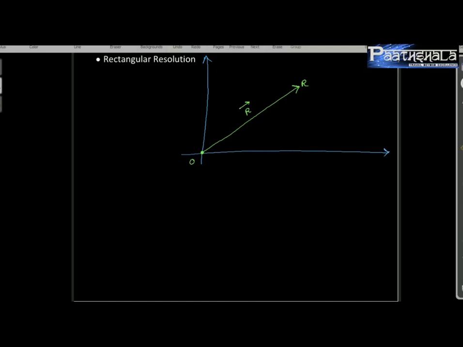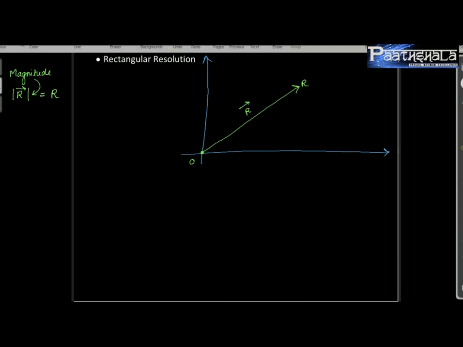I must tell you here first about the magnitude of a vector quantity being represented by this symbol. This represents the magnitude of a vector quantity. And sometimes we omit the two lines and just represent this as R without an arrow on the top.